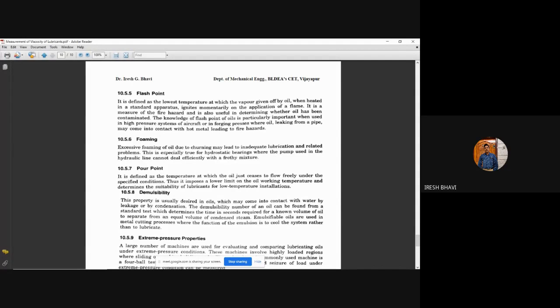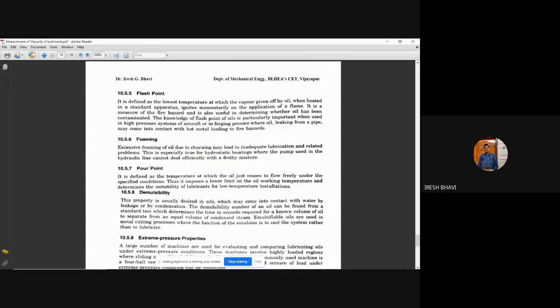Otherwise, what happens? Air bubbles will be introduced in the lubricating oil. Then there will not be proper pumping of the lubricating oil, and scarcity of lubricating oil will be there in the bearing and it may lead to failure of the bearing because of improper lubrication.